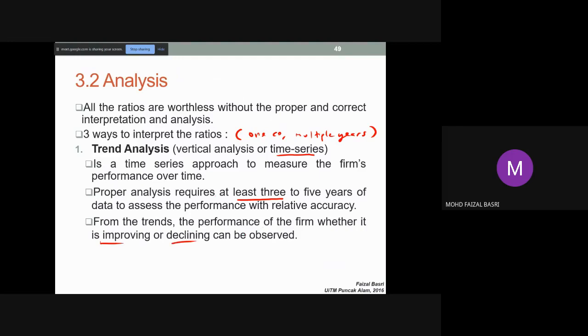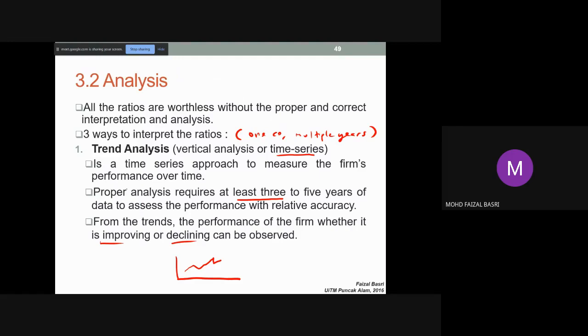Even though we use mostly quantitative, usually we can use graph to check the pattern, so we can track. So graph is very important when we do ratios lah, so that we can track the performance.